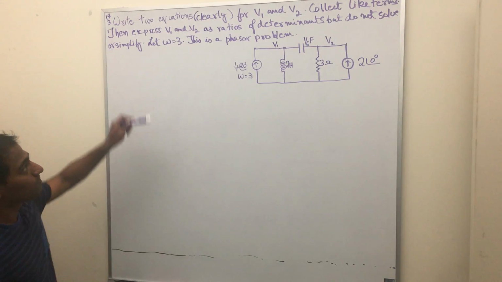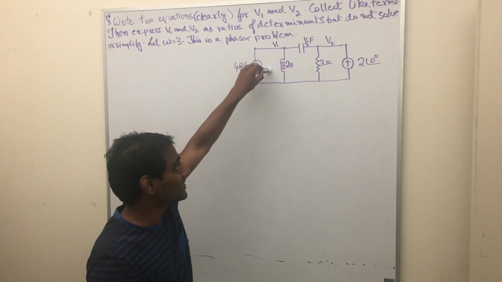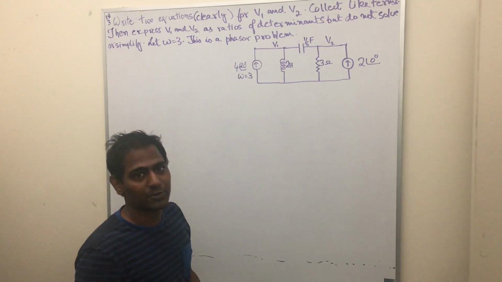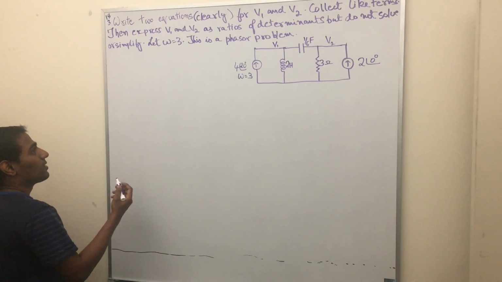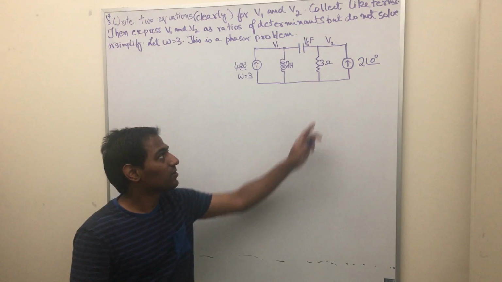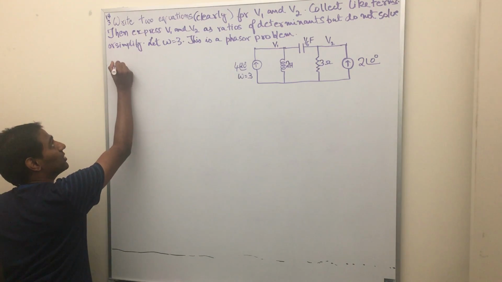Since this is a phasor problem, let's convert each of the components to their phasor form. The current sources are already in phasor form. Let's convert the inductor.